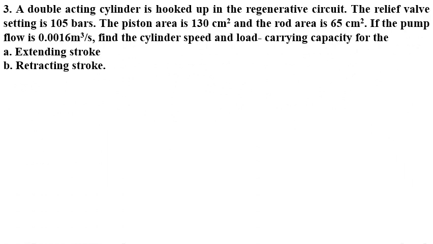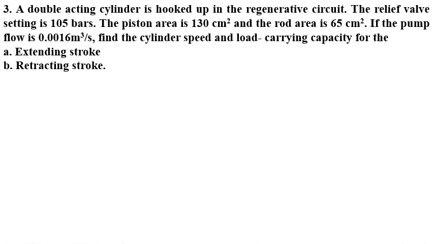Third question: a double acting cylinder is hooked up in the regenerative circuit. The relief valve setting is 105 bars. The piston area is 130 centimeter square and the rod area is 65 centimeter square. If the pump flow is 0.0016 meter cube per second, find the cylinder speed and load carrying capacity for the extending stroke and retracting stroke.